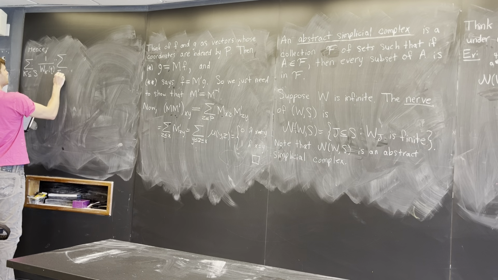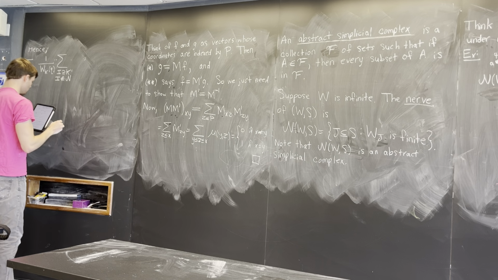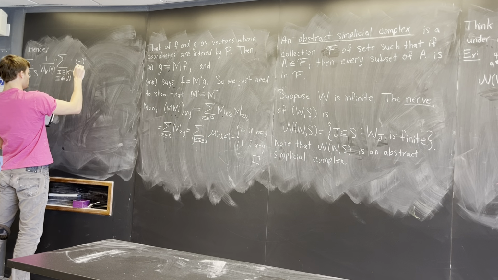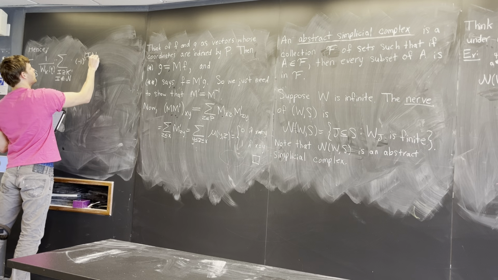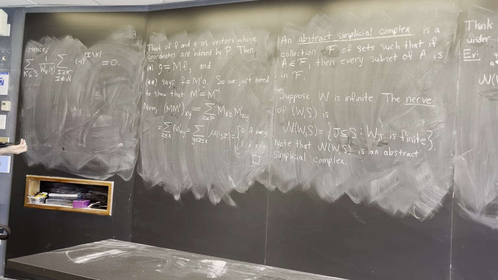Sum over I containing k, and I not in the nerve, of -1 to the size of I minus k. This should be 0. Okay, why is that?